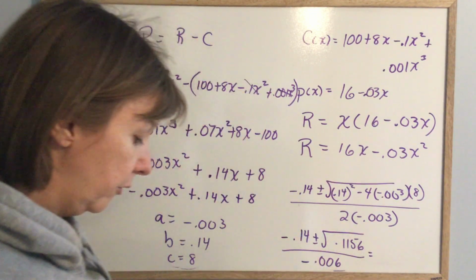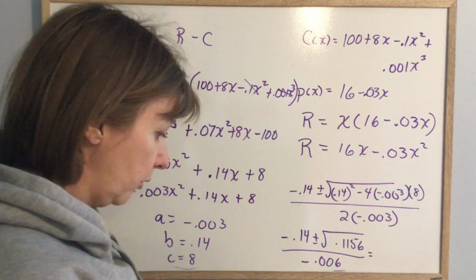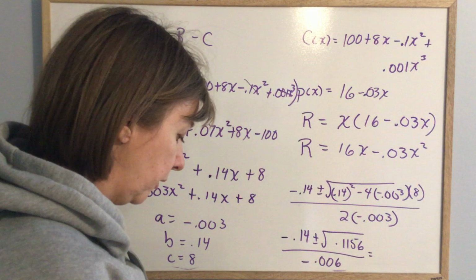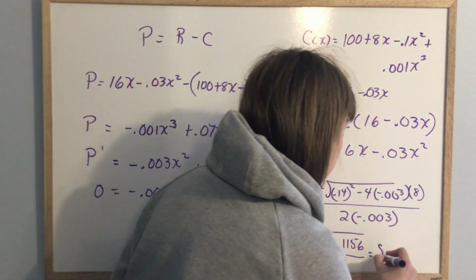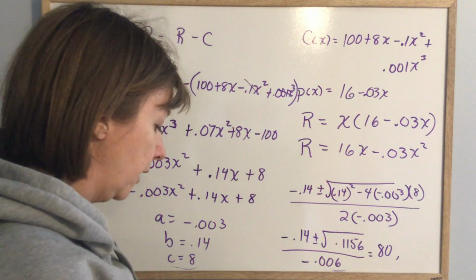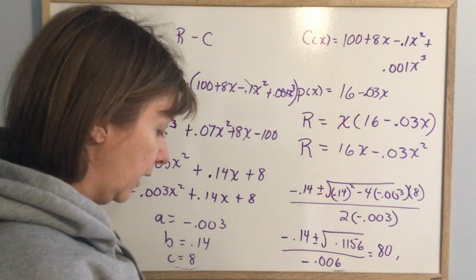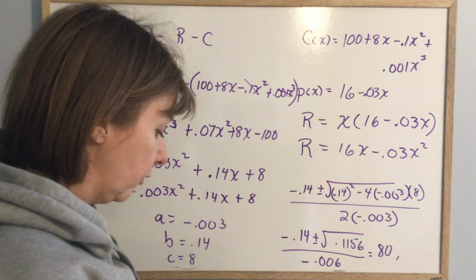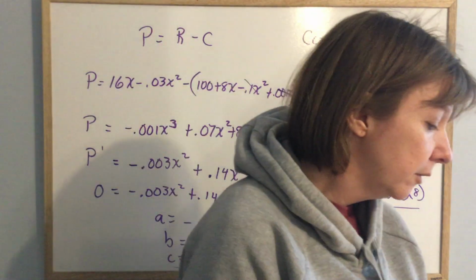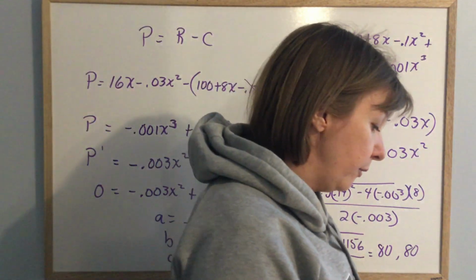So if I do negative 0.14 minus the square root of 0.1156, and then I divide it by negative 0.006, I get 80. And if I do the other way, negative 0.14 plus the square root of 0.1156, and I divide it by negative 0.006, I also get 80. So the production level should be 80. And that's how I would do that one.